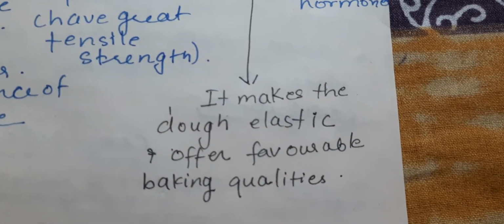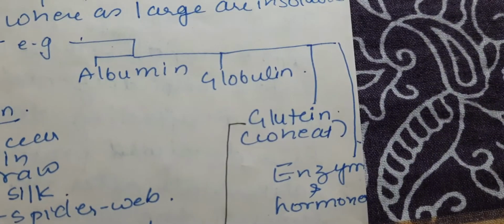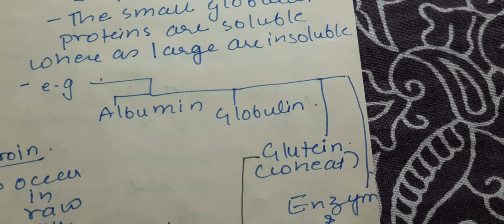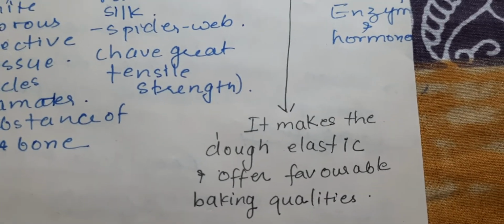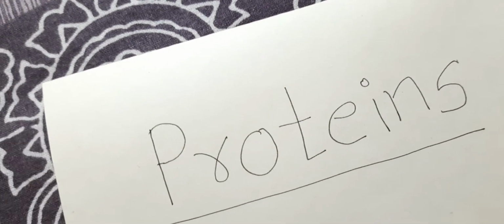So those who are intolerant to gluten or wheat, because this is present in high amount in wheat, can switch to those kinds of diet. Okay, now this is about the classification. Now we'll see the biological functions of protein.